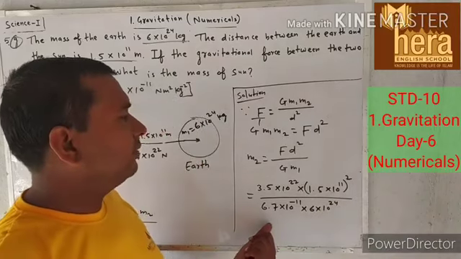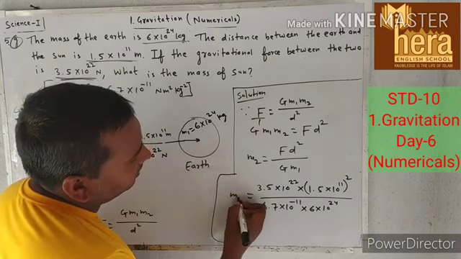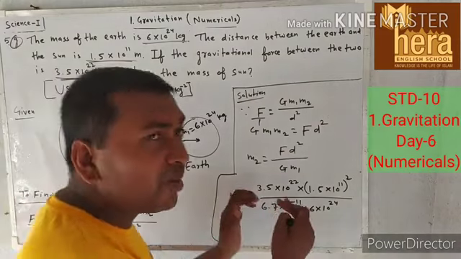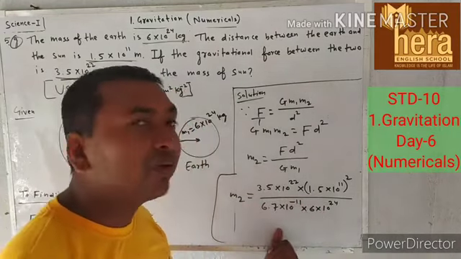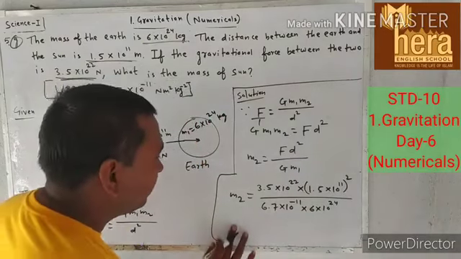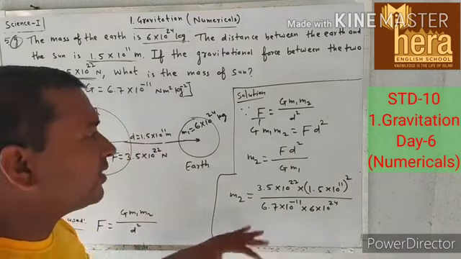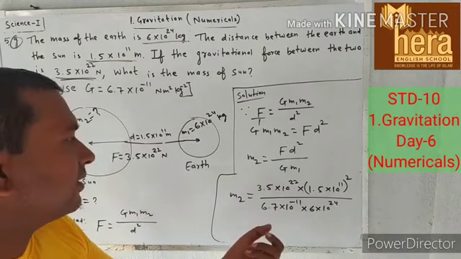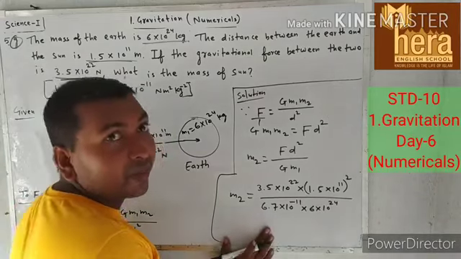Now you have to solve this, because in some difficult calculations of gravitation I have taken particularly this example. If you are not able to solve this, you can prefer that video, because I have taken so much time on basic calculations for physics and some basics of chemistry. So now I am not going to repeat again.